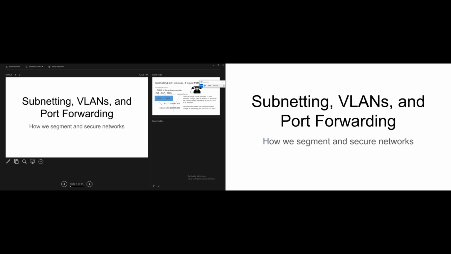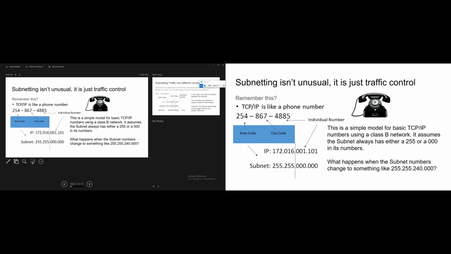The long distance is if they're changing that network portion, and the local is the local numbers on the host side. Remember that you have that network portion and that host portion. The long distance portion would be changing the left-hand side of it, and the local would be changing the right-hand side of it. It's just that simple.